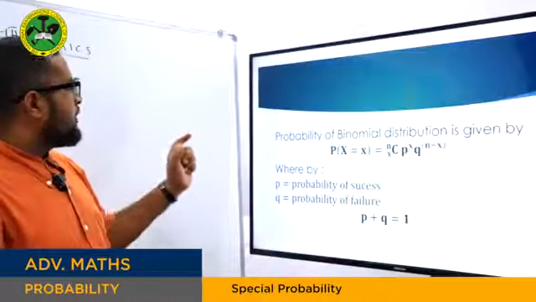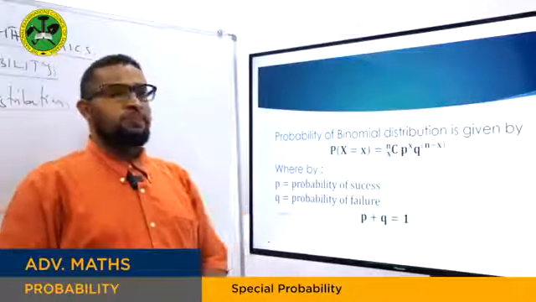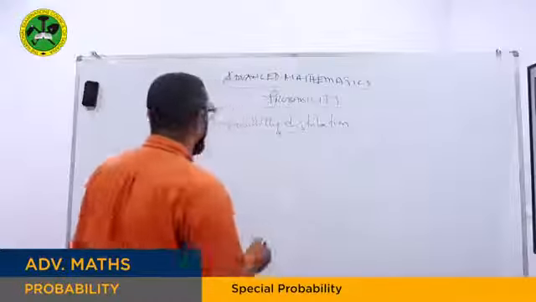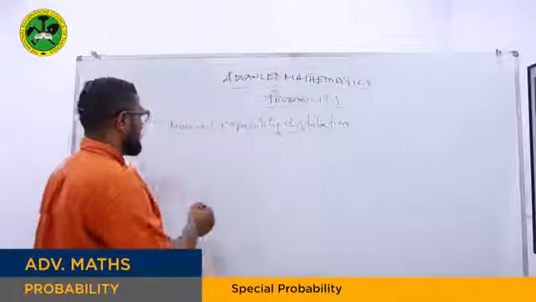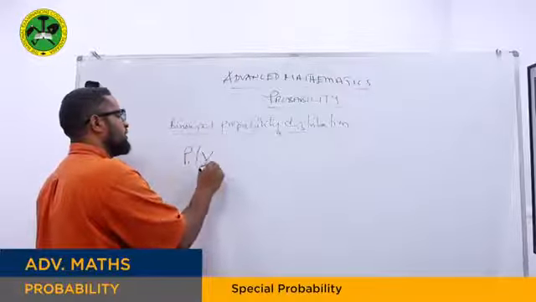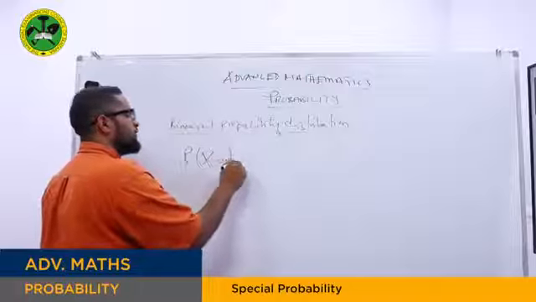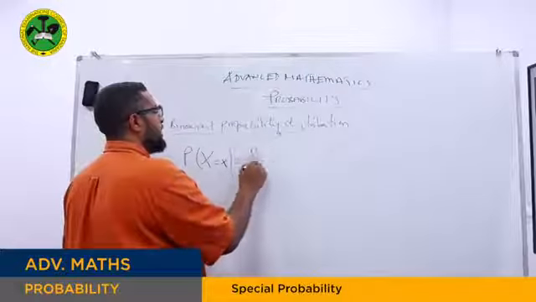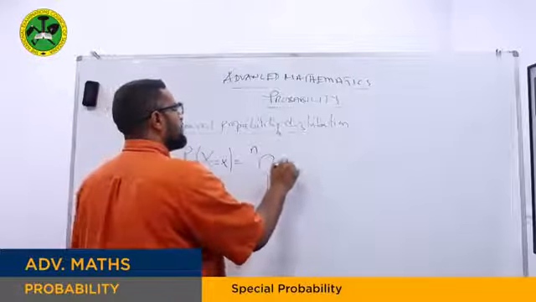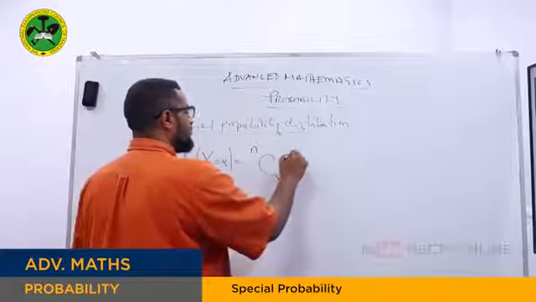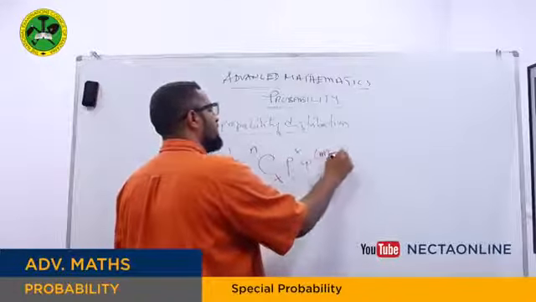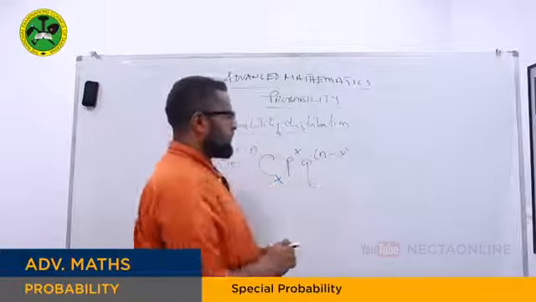The probability of binomial distribution is given by a formula. The formula for probability of X given variable X is written as P(X) equals nCx, then p to the power of x, q to the power of n minus x.